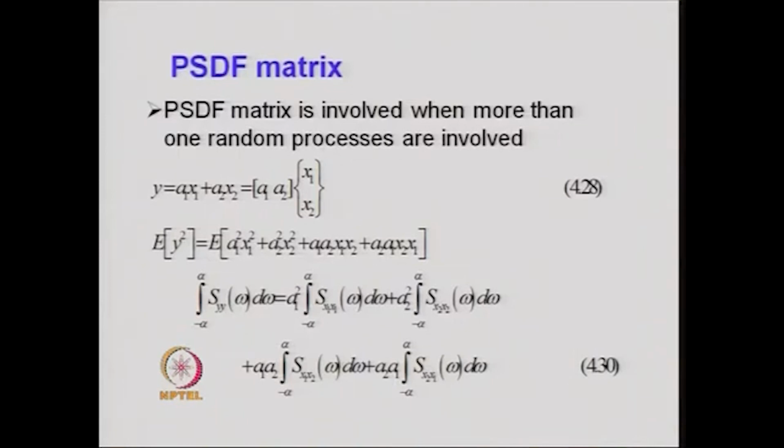Then the physical significance of the power spectral density function and the cross power spectral density functions were discussed. Today let us look into when we have more than one random process, how do we define them, because in a particular structure you may have more than one excitation and each excitation could be a random process.